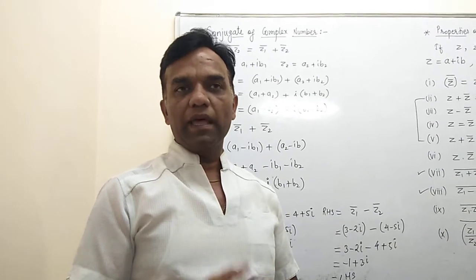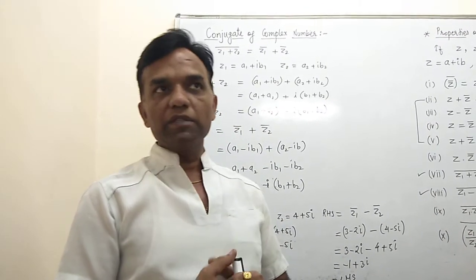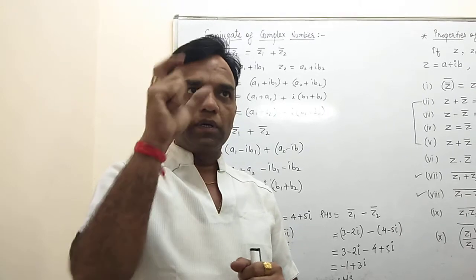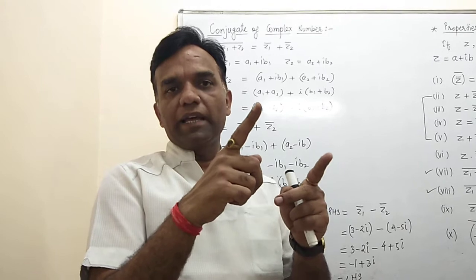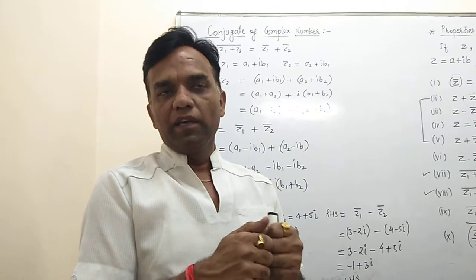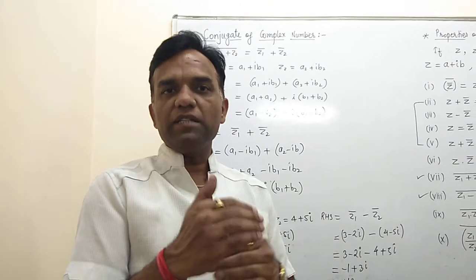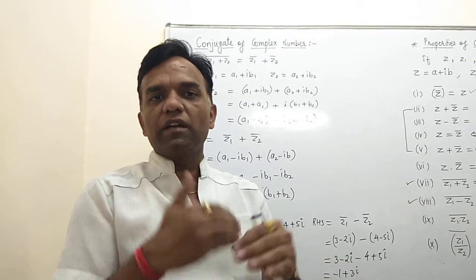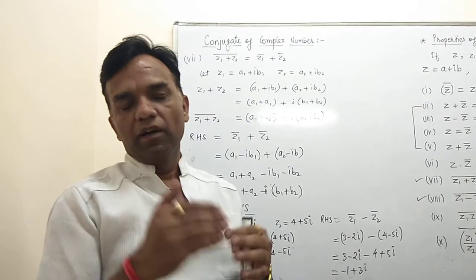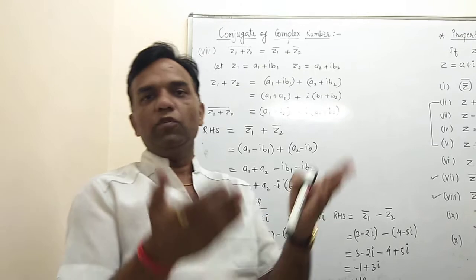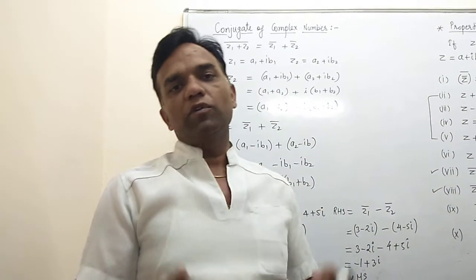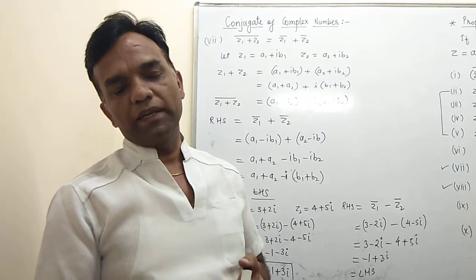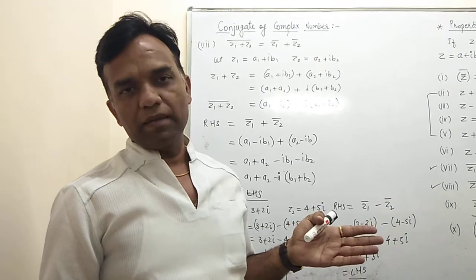If a complex number is there and you hear conjugate, in your mind first see the sign of i, whether it is given plus or minus. If you find the conjugate, then change its nature sign-wise. If positive is there, you convert it into negative. If you have negative iota, you convert it into positive. So both are very easy. These properties are very easy.